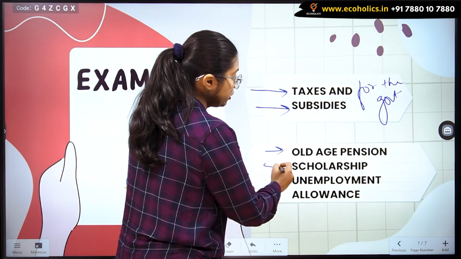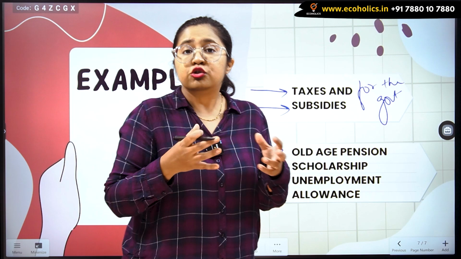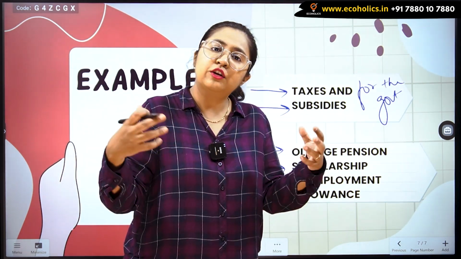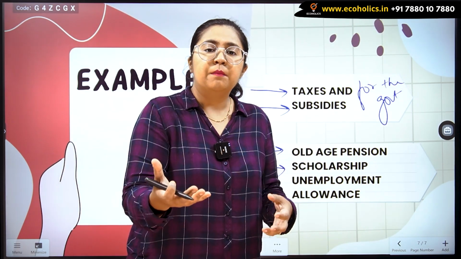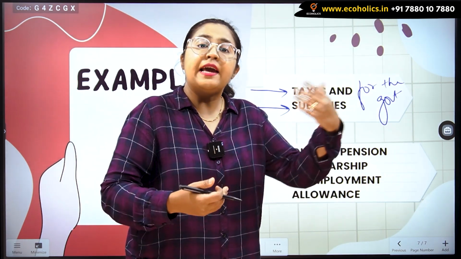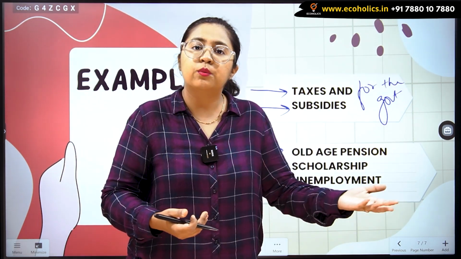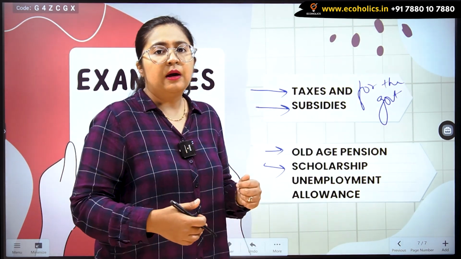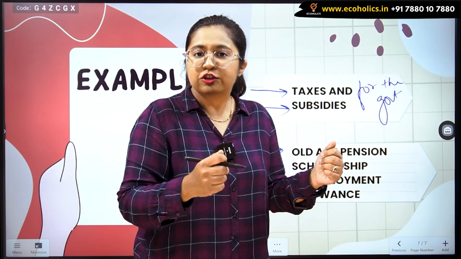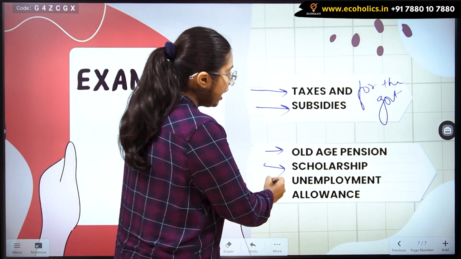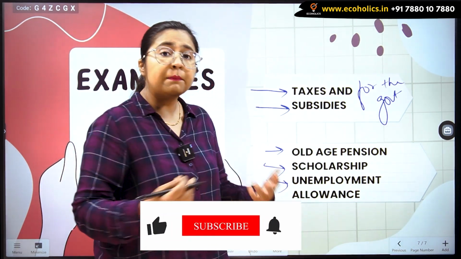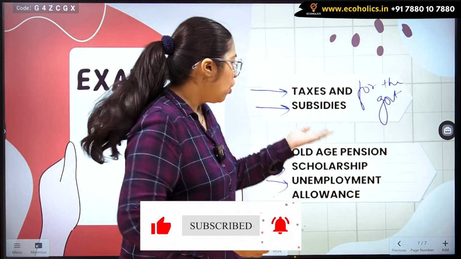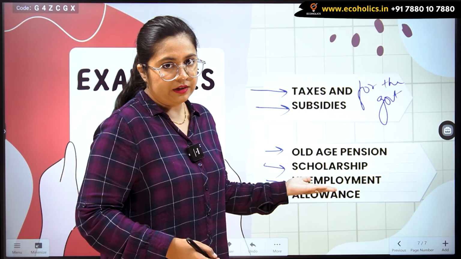Or we talk about scholarships, which are given to meritorious students who do not have enough monetary resources to fulfill their education. So the government provides them that scholarship so that they can continue with their education. Then unemployment allowance. Unemployment allowance again is a transfer income. So all of these come under transfer income.